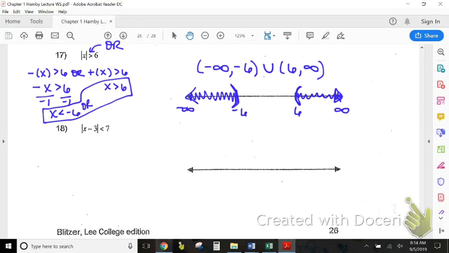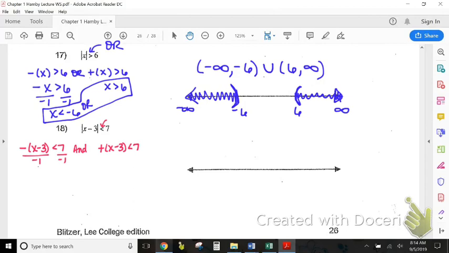Alright, then 18. We know the negative of what's inside is less than 7. And we know the positive of what's inside there is less than 7. And is this an and or an or for 18? Yeah, it's less than, so it's an and statement. Now what I'm going to do, instead of distributing the negative, I'm just going to go ahead and divide by it.